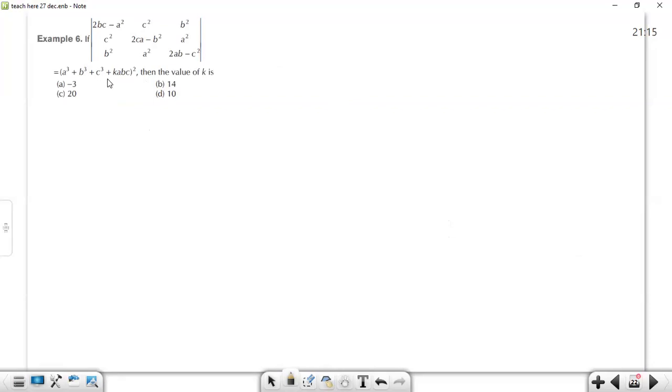Moving further. Now, here also, we have to find out the value of k. A, B, C are the variables on both of the sides. In the options also, A, B, C don't have any relation. So, we can assume A, B, C accordingly as per our convenience. Can we assume A, B, C as 0?